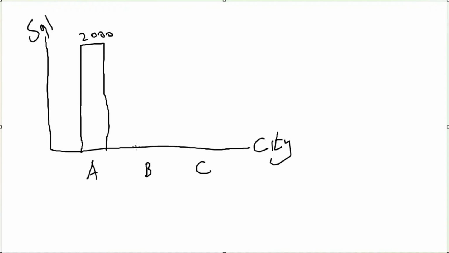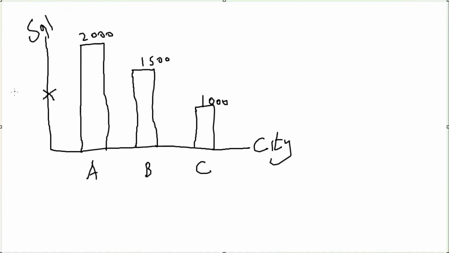How about city B? City B, let's say that the average is 1,500. And how about city C? City C, let's say that the average is 1,000. Okay, and here we have, let's say, the grand average. Let's say that the grand average is 1,600.